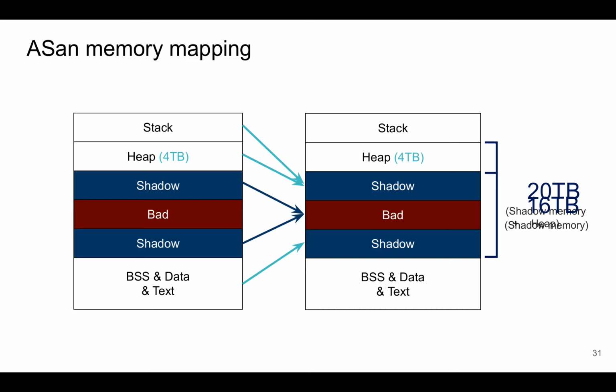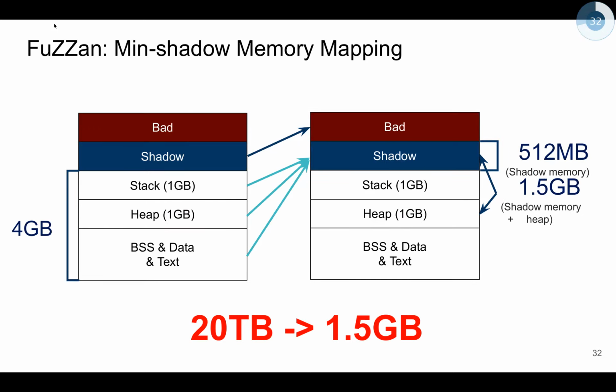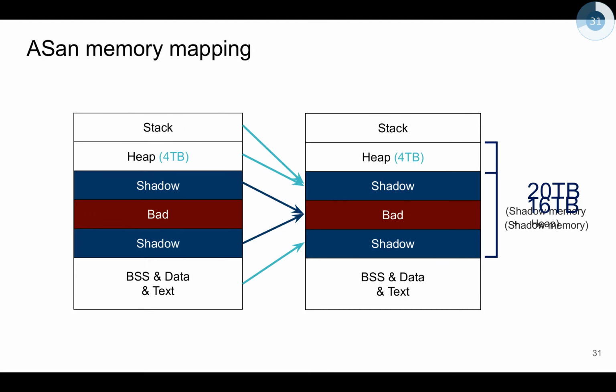So accesses on the stack and on the heap are mapped to upper shadow, and accesses to BSS, data, and text sections, like all the code sections, are mapped to the lower shadow memory in the data region. And the shadow memory is all of this.